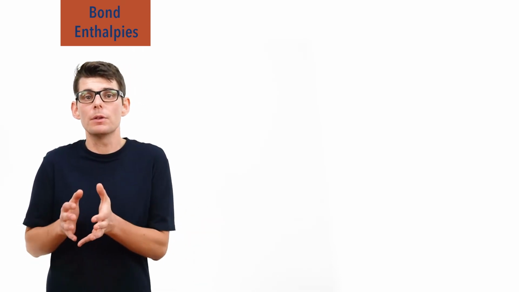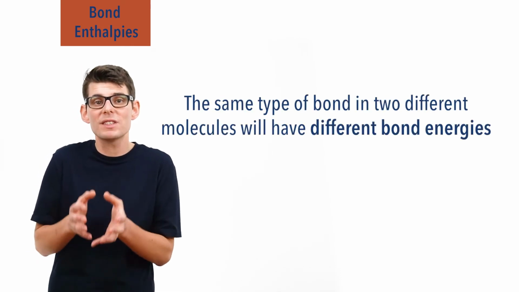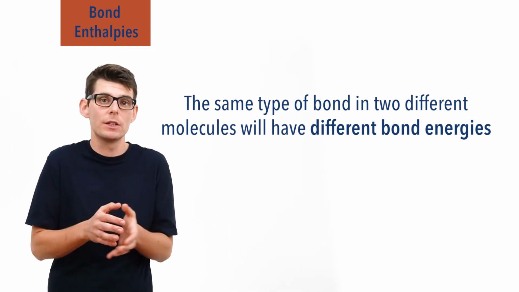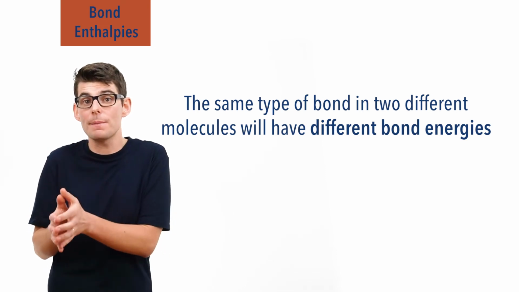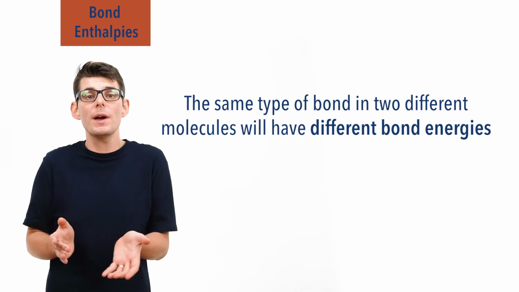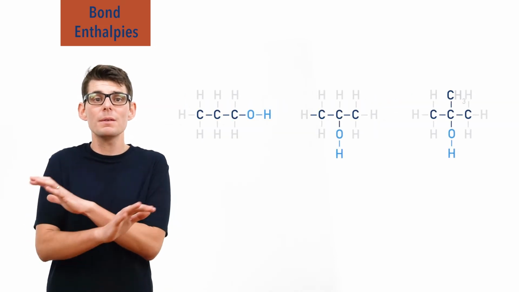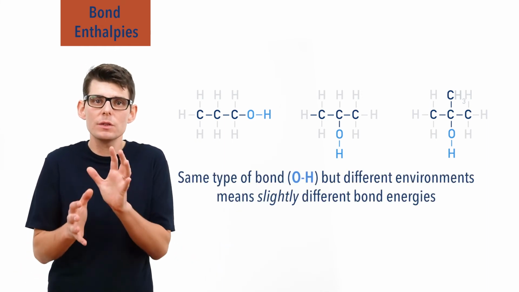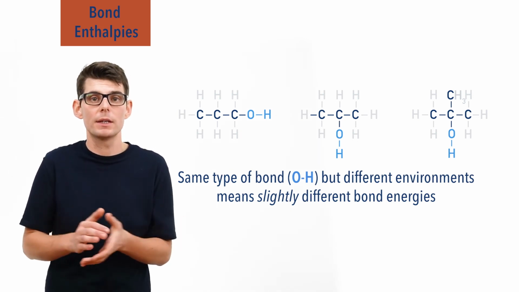This means the bonding atoms for the same type of bond in two different molecules will have slightly different energies, and this will change the exact bond energy in their particular molecule, even though the bond types are the same in both molecules. For example, there is an OH bond in all alcohols, and yet the alcohols themselves can be completely different, meaning the OH bond in each will have ever so slightly different bond energies and require different amounts of energy to break.